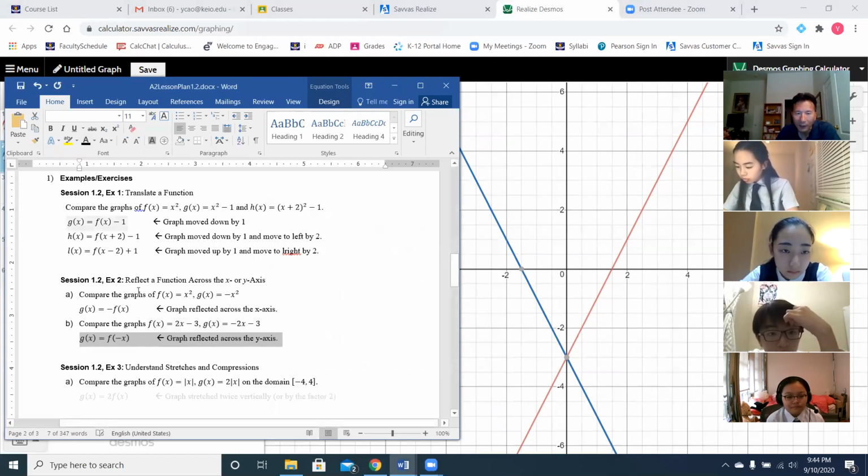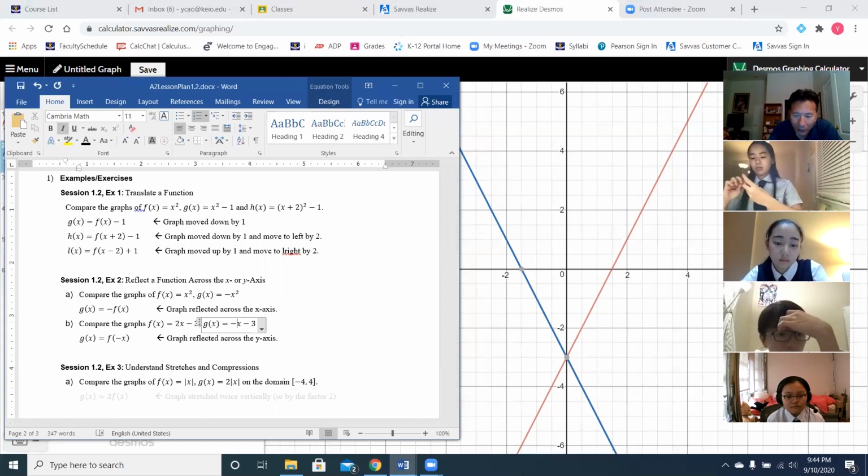Why not this one? You see in this case, g(x) equals this one. I can write this one in a better way so you can see that better. That one is the same as 2 multiplied by negative x.